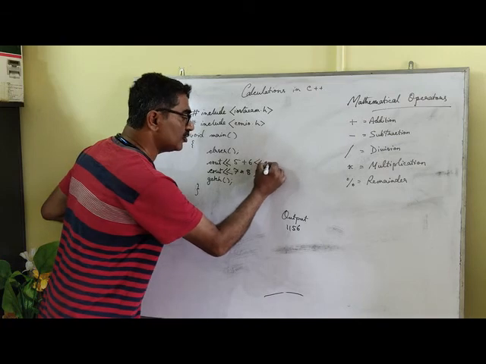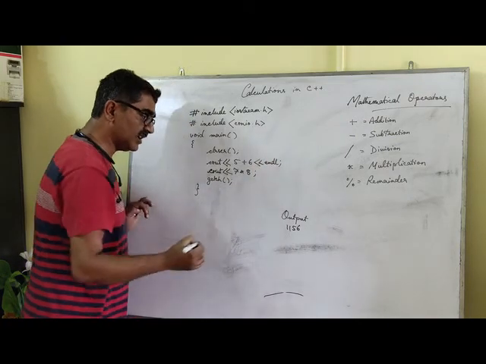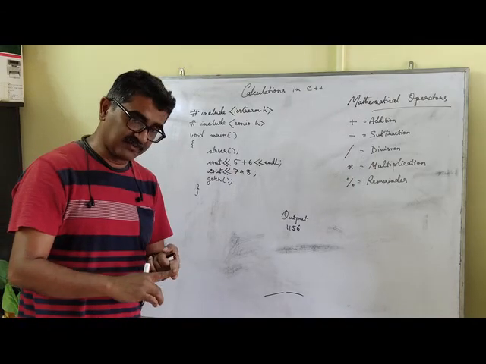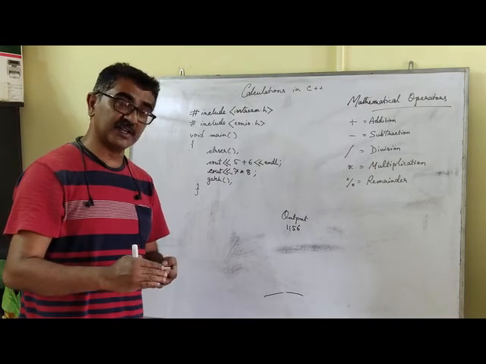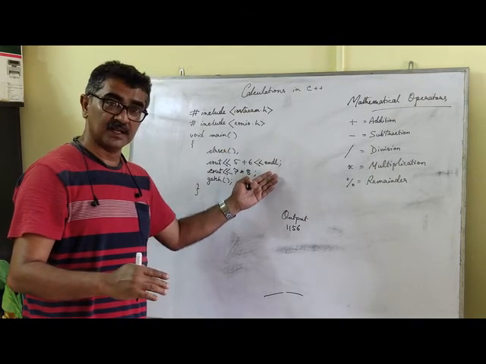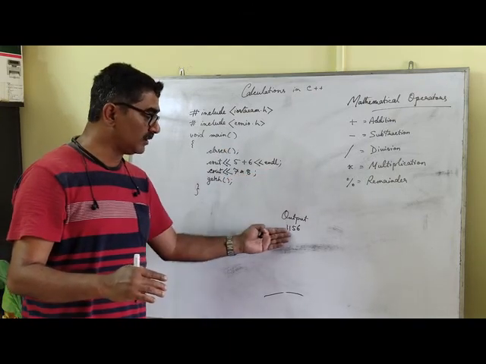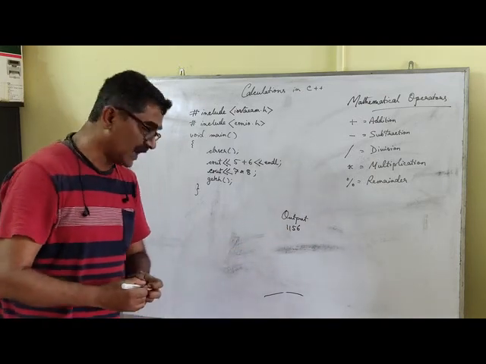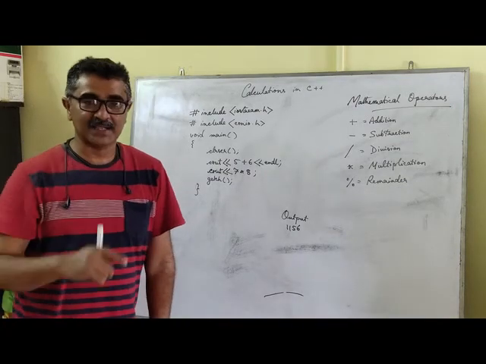If there are two calculations involved for a particular question, even if it is not specified to show the output on different lines, please make sure you put the endl statement. Otherwise, the output will come on the same line and you won't be able to understand. Now, in the previous class, what did you learn?